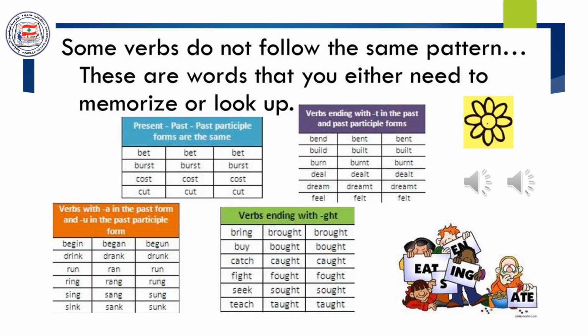And verbs in the orange box have a in the past form and u in the past participle form, like begin, began, begun. And verbs in the green box end with ght, like bring, brought, brought. So please pause the video and take a few minutes to go over the other verbs.